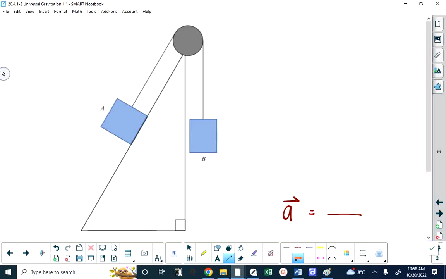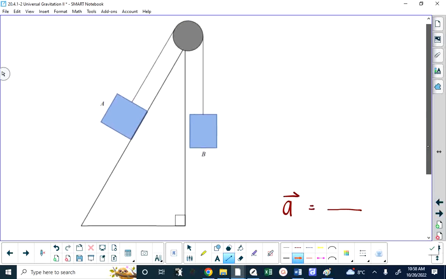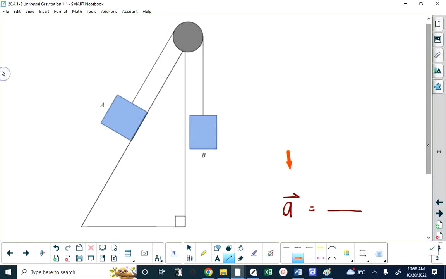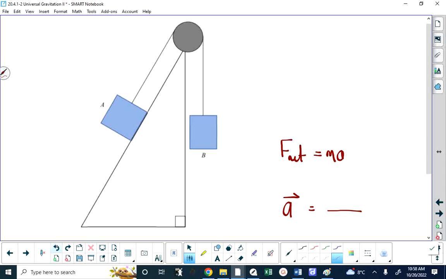If I said to you, what's the acceleration? Then you have to use F net equals ma. Right? You have to. And I hope it's clear, everybody, that the m in what I'm talking about up here would be the total mass.